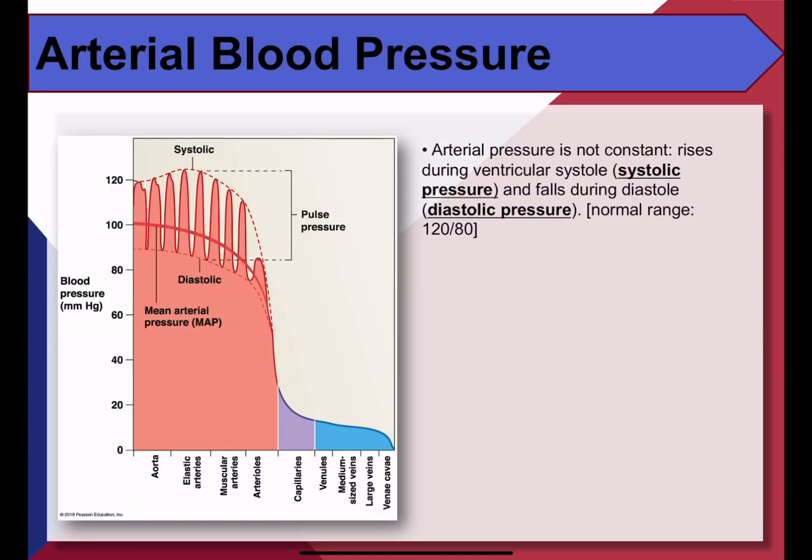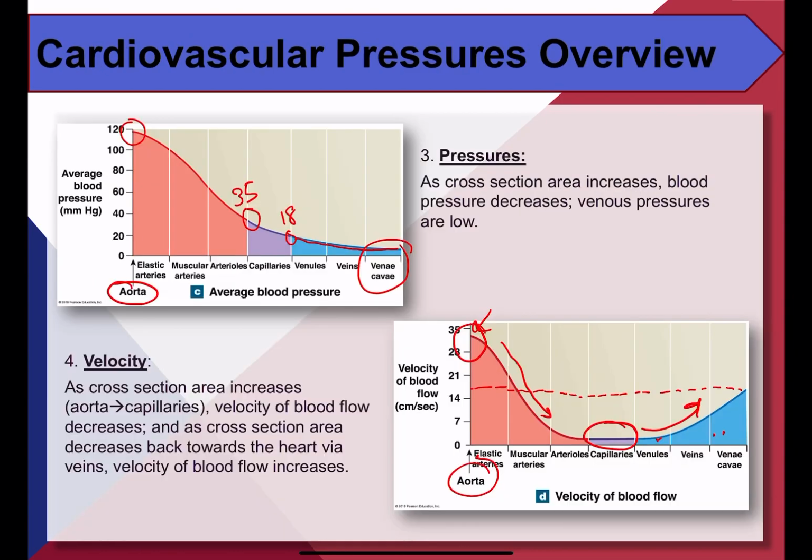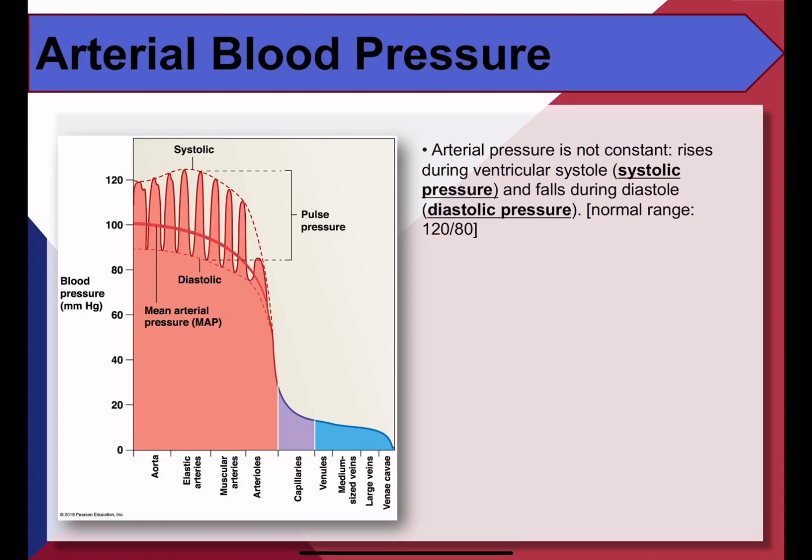All right. So although we averaged out the pressure going from the aorta to the vena cava when we did this graph right here, technically speaking, the arterial pressure is not constant due to the rise in pressure during ventricular systole and the drop in pressure during ventricular diastole.